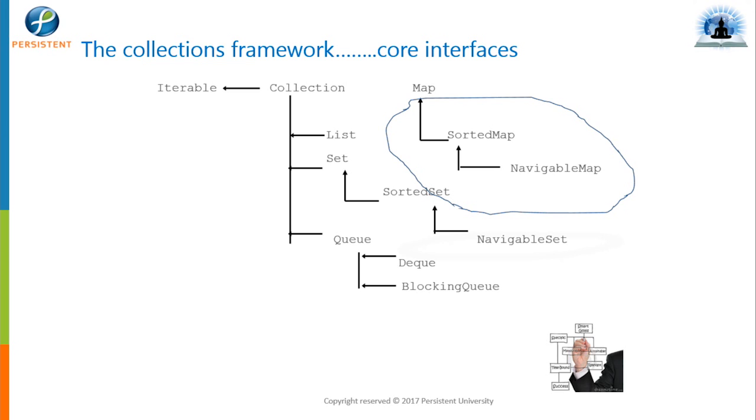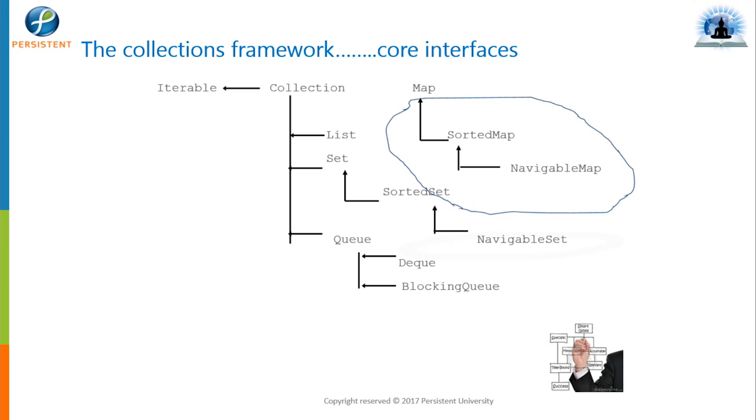And we have one more, drawn in some square, probably a parallelogram, which is not derived from the collection interface. That is map. Map is not a part of the collection interface. So list, set and queue are derived from the collection interface.